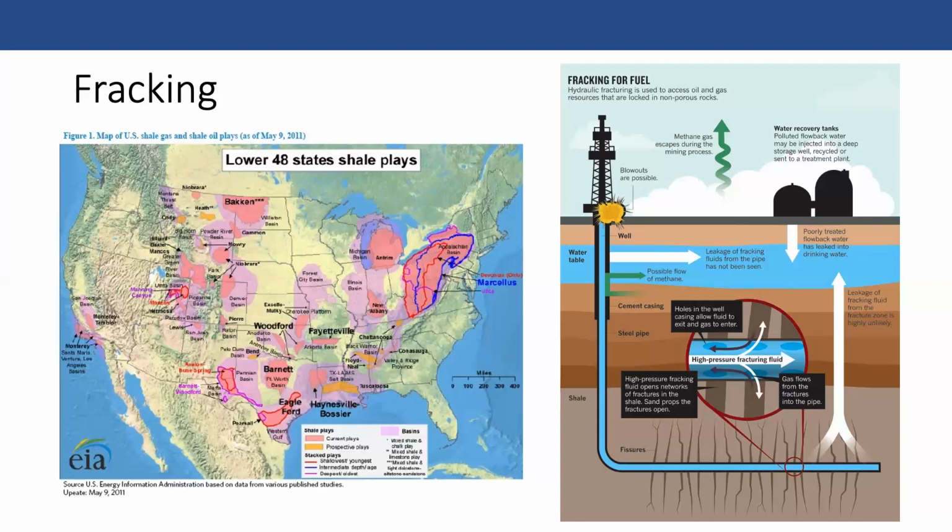And what that does is make it more competitive than something like coal, which is one of the main reasons why coal has been decreasing: it's uneconomic relative to natural gas.